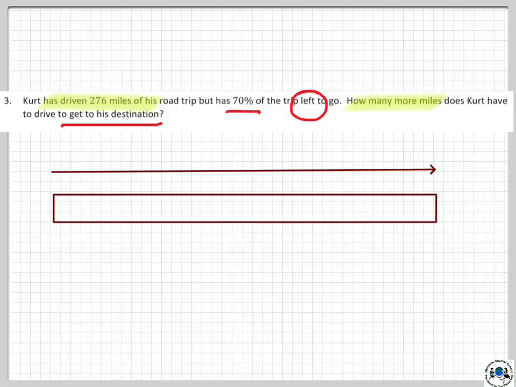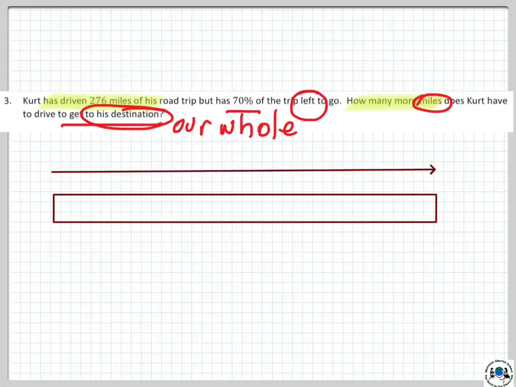Now, the miles to his destination is our whole, because we want to know how much he has left to go. We know 276 miles of it, and we know that is only equal to 30% because he has 70% left to go.